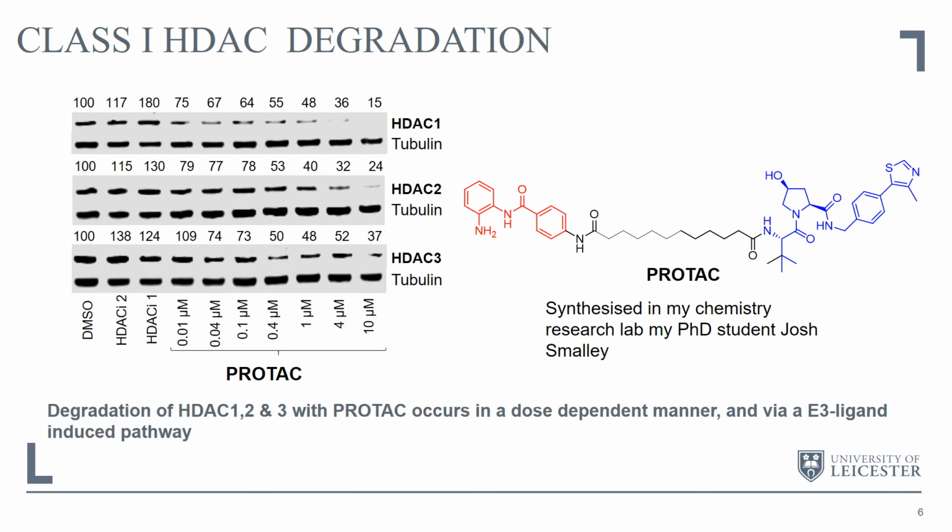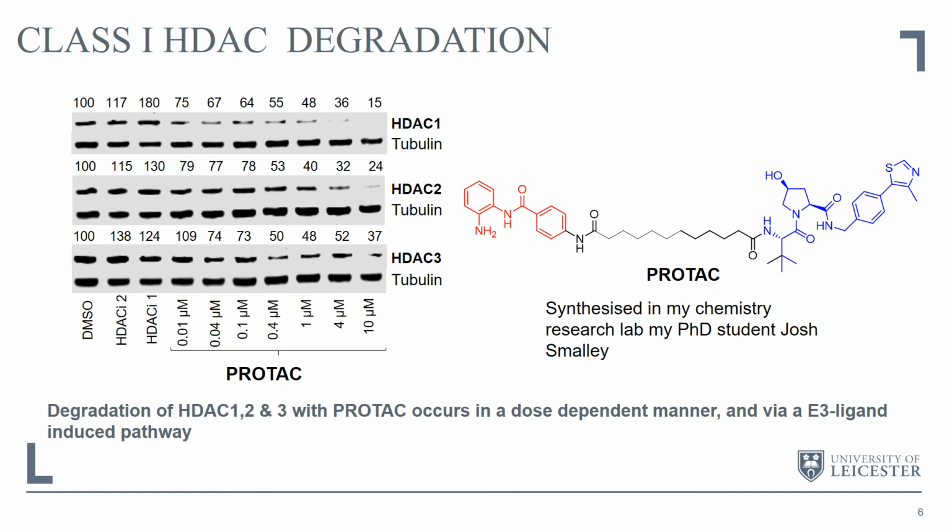And here's a little bit of biology. So this is HDAC1, HDAC2, and HDAC3. Don't worry about the tubulin. And this is the concentration of the PROTAC. And as the concentration of the PROTAC increases, HDAC1 is disappearing. So we can see here at 10 micromolar, it's completely gone. At 4 micromolar, there's only 36% of it left.